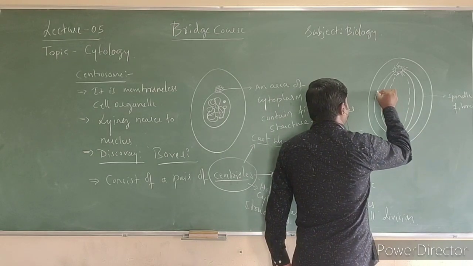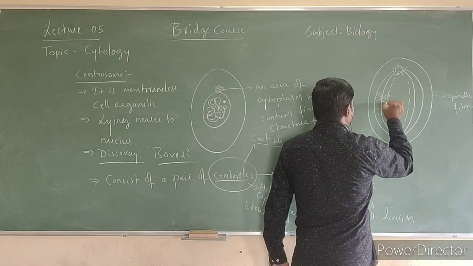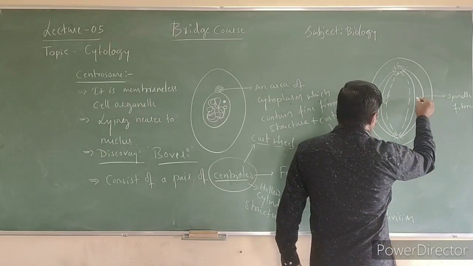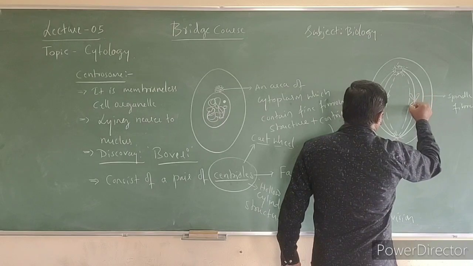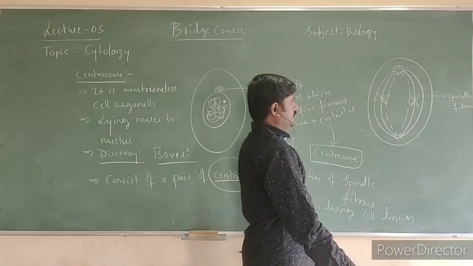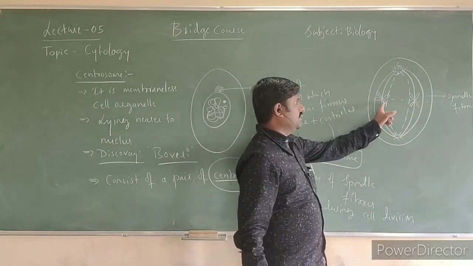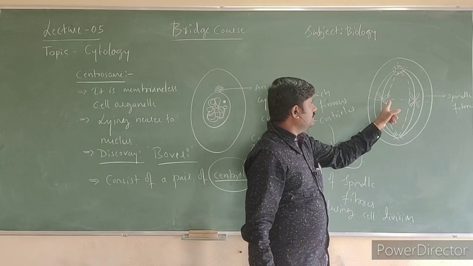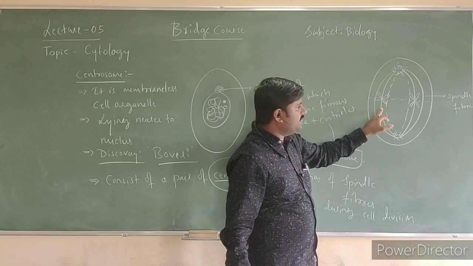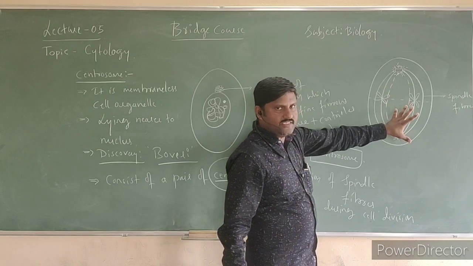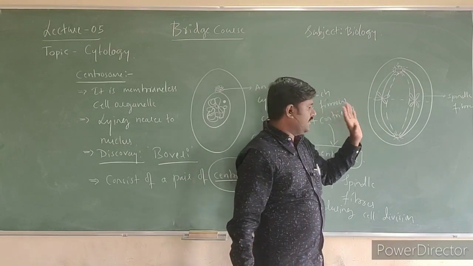This is one chromosome hanging to the spindle fiber. This is another chromosome hanging to the spindle fiber. Chromosomes are lying in metaphase state. So these chromosomes are hanging to the spindle fibers, right? It is very clear to see. And these spindle fibers are formed from centrioles, right?